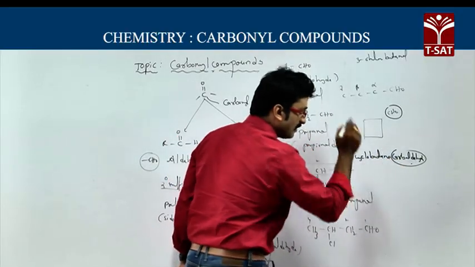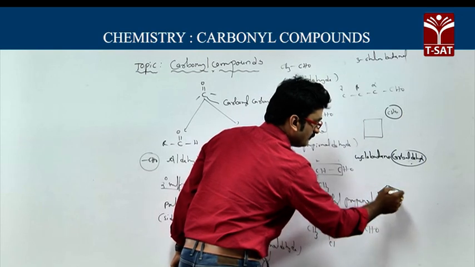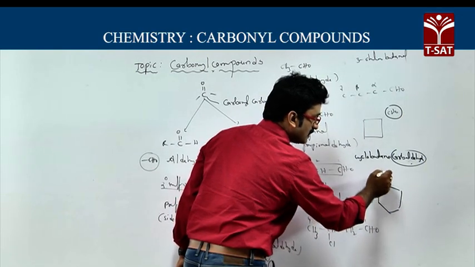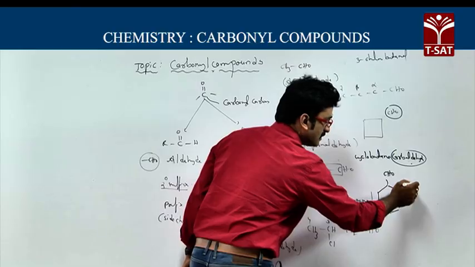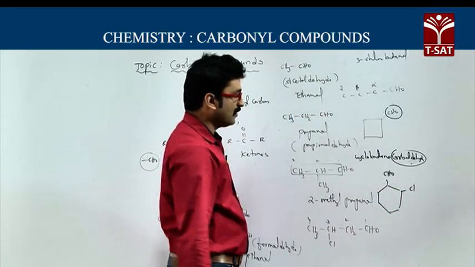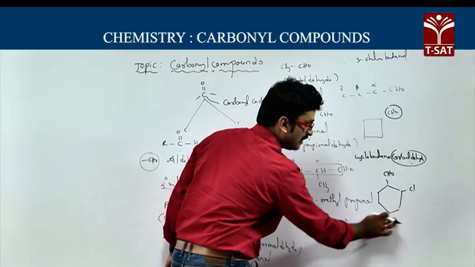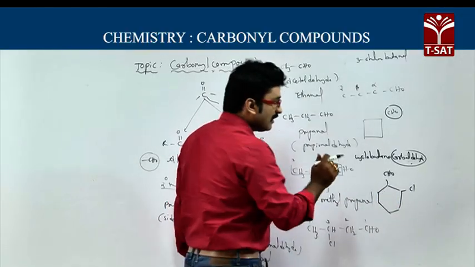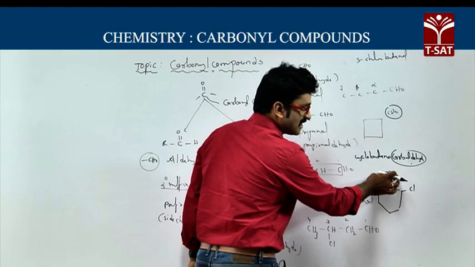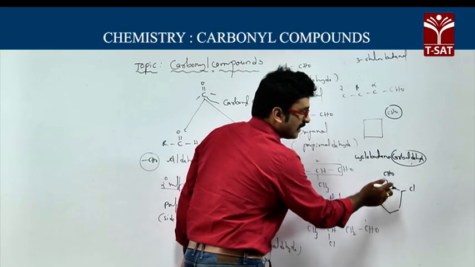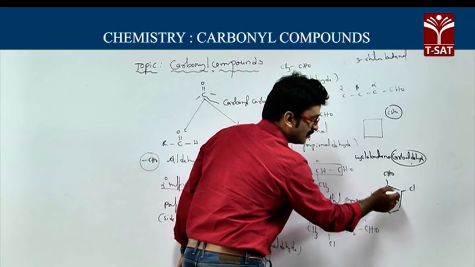Okay, now we'll take one more example. Same, CHO, and here I am writing a Cl. If it is like this, you know that 1, 2, 3, 4, 5, 6 carbons are there. It is called cyclohexane, that you know very well. Now whenever it is like this, this is the principal function group, and here you should give numbers 1, 2 like this.